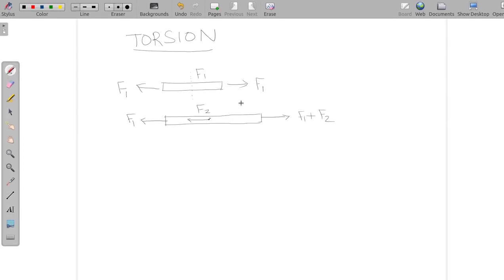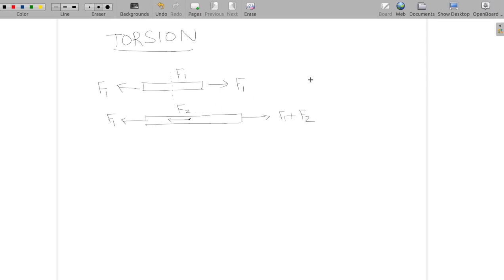So you can see that both of these bars are in equilibrium. What is the condition of equilibrium? For this to be in equilibrium, net force in any direction should be 0.